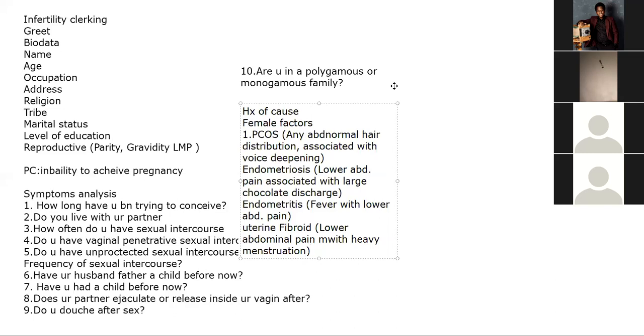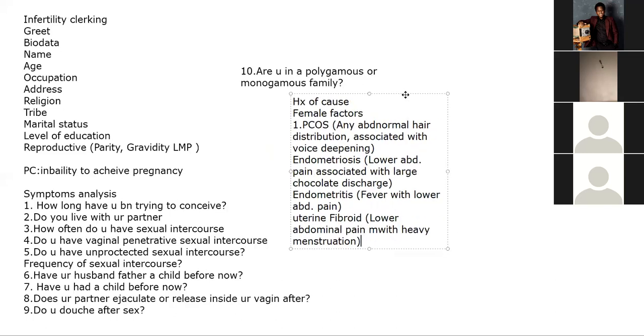There are a lot of causes of infertility in female. There are a lot, even in male, but we are still talking about female causes. What other causes, please? PID. Thank you. Okay, I'm going to write that now. PID, you are correct, doctor. PID could actually cause it also.